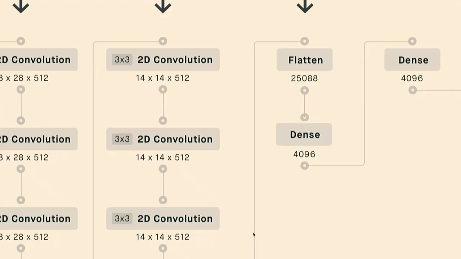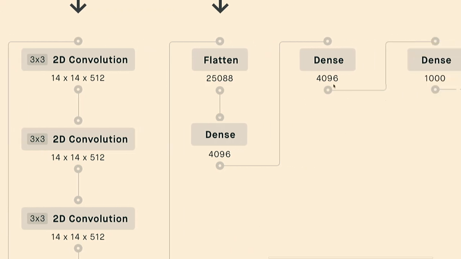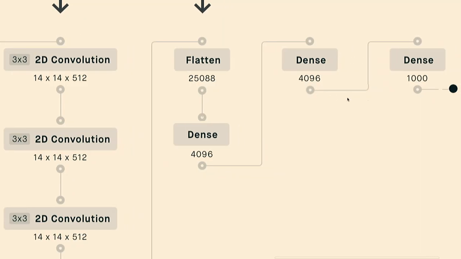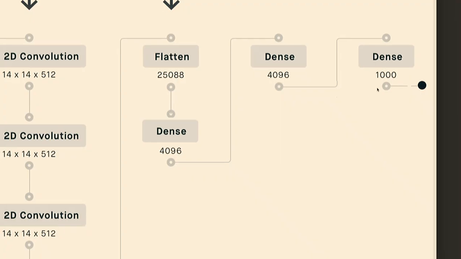Then you do one fully connected layer with 4,096 different neurons, and then another one. Dense simply means fully connected, called dense because convolution is a sort of sparse connection. At the very last layer, you have 1,000 different neurons.